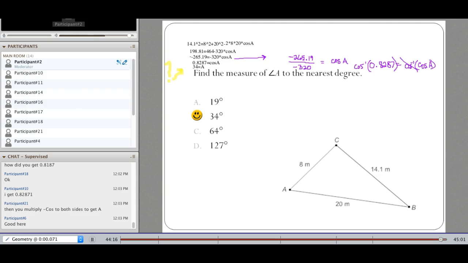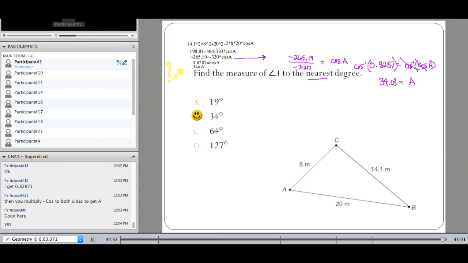Over here, cosine inverse and cosine cancel each other out, and you just get angle A. If you do cosine inverse of 0.8287 on your calculator, you get 34.03, right? And it says nearest degree, so that tells us go ahead and round it to the nearest whole number.